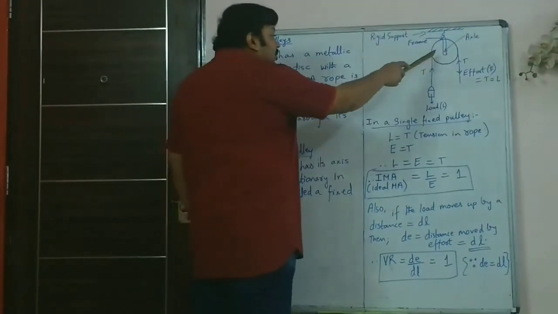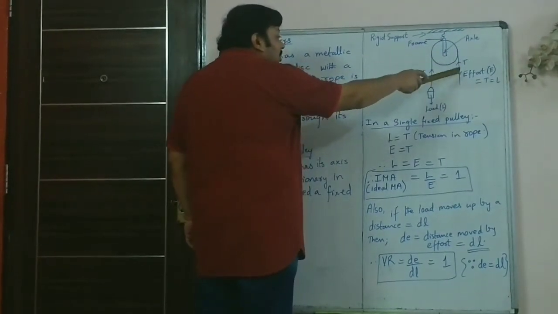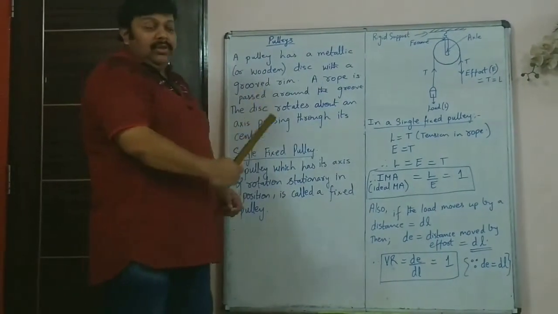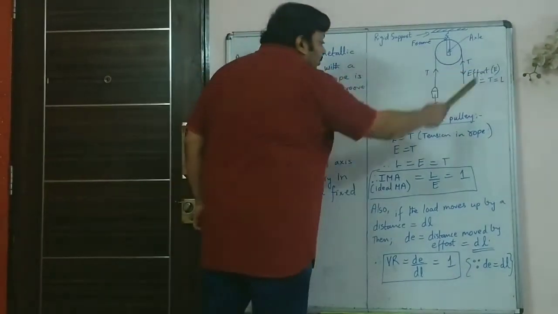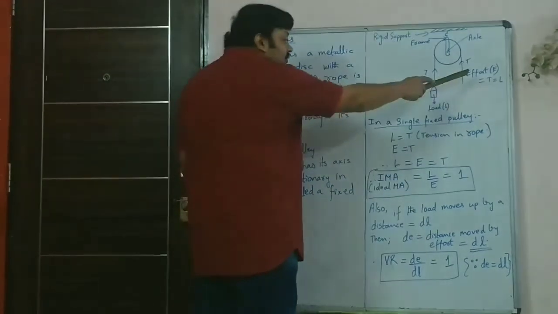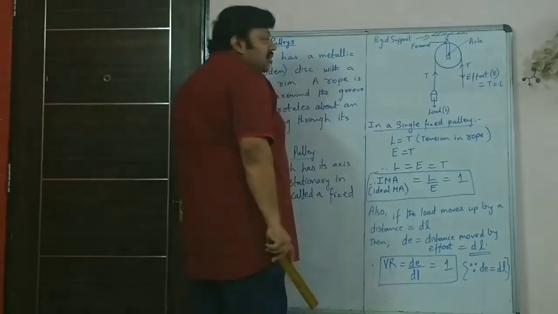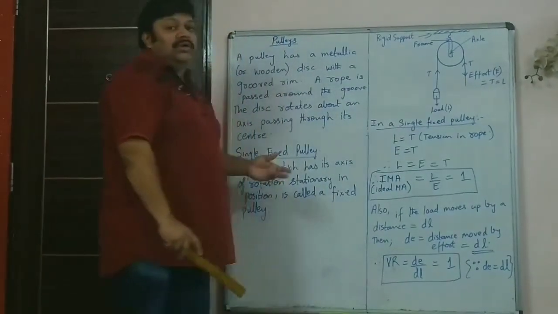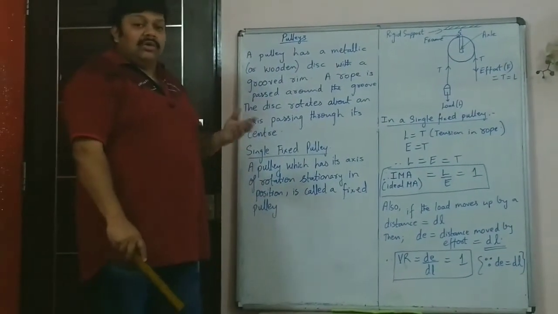So tension is upward. It's the same rope, so the same tension, and on the other side someone is pulling the rope. When he is pulling the rope, the effort is E. Effort, load, tension in both the ropes should be shown. And it is very simple here: effort is equal to tension, and that is also equal to load.